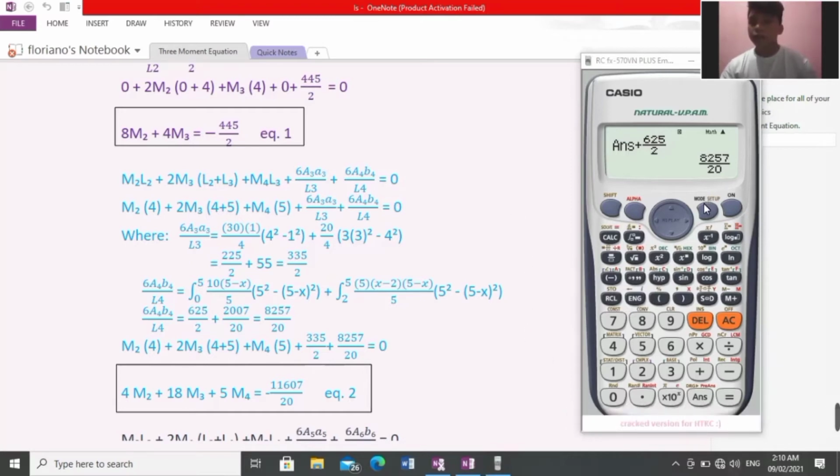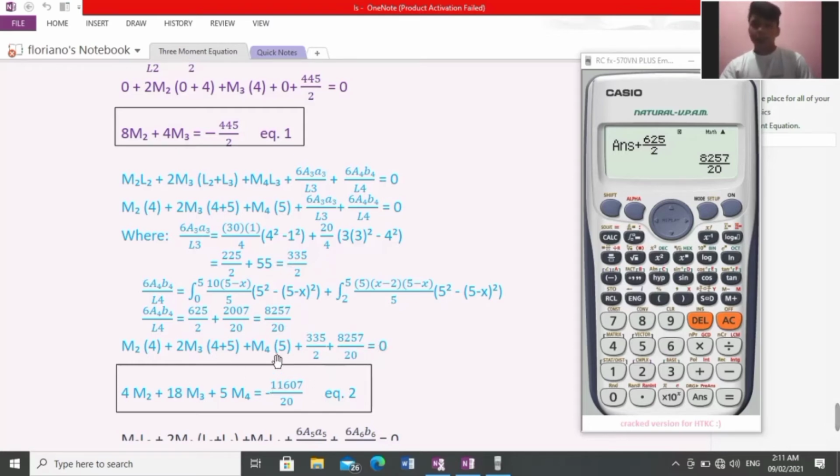So, i-substitute natin yung mga nakuha nating value. So, M2 times 4 plus 2 M3 times (4 plus 5) plus M4 times 5 equals yung nakuha natin dito sa left span is 335 all over 2 plus 8,257 all over 20.